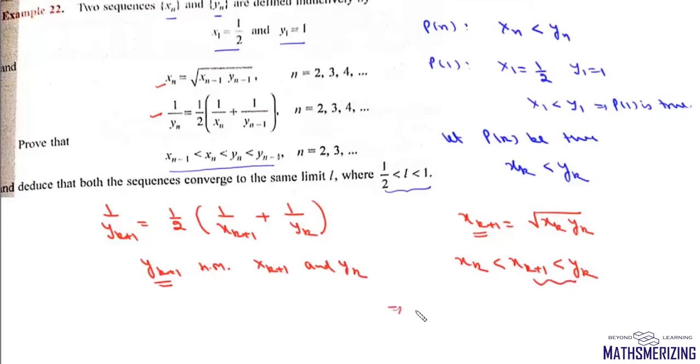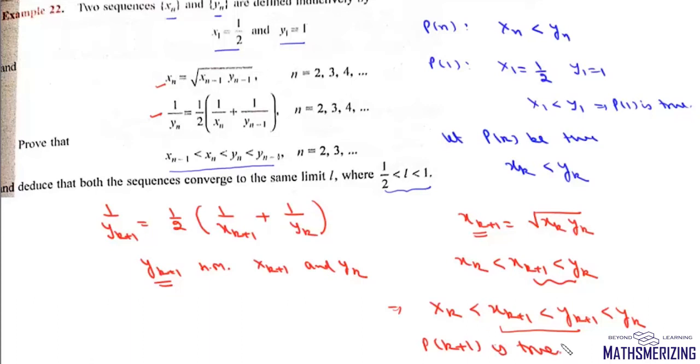So we can write xk is less than xk plus 1 will be less than yk plus 1 and will be less than yk. Now from this we can say pk plus 1 is true.